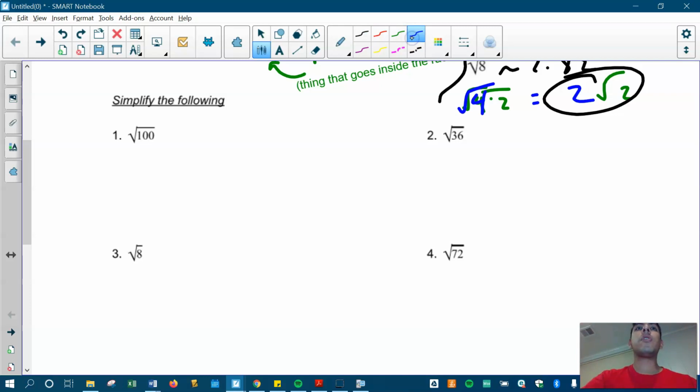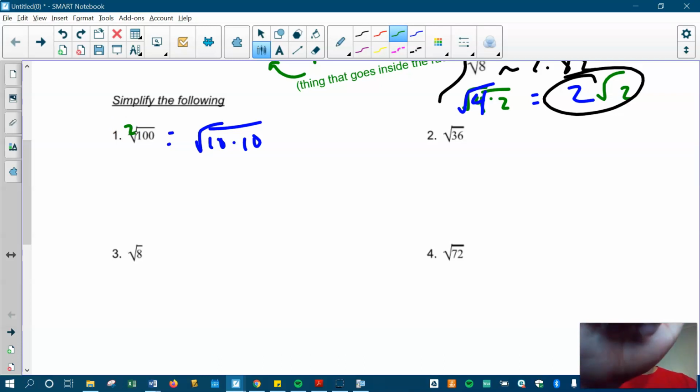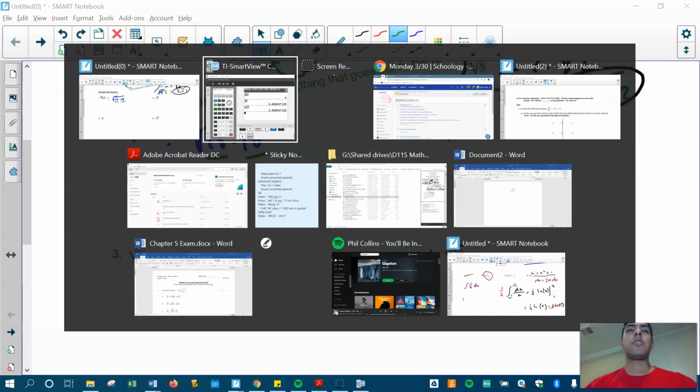Okay, let's do it. So the square root of 100 is the same thing as the square root of 10 times 10. Because you need two numbers to get 100, the reason you need two numbers is our index is 2, so we're always looking for two numbers that multiply together to get 100. We got lucky. We got two numbers that are the same that multiply together to get 100, and those are tens.